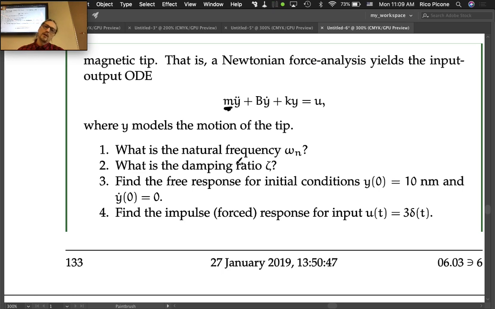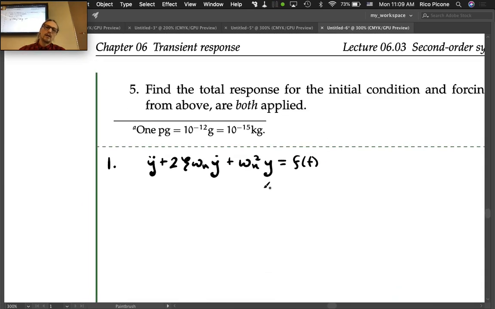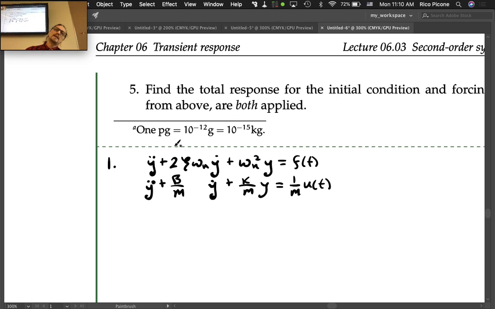So if we divide both sides of the equation by m, we get y double dot plus, and now that coefficient is 1 because m over m is 1, plus b over m y dot plus k over m y equals 1 over m u of t, right? So that's our equation.